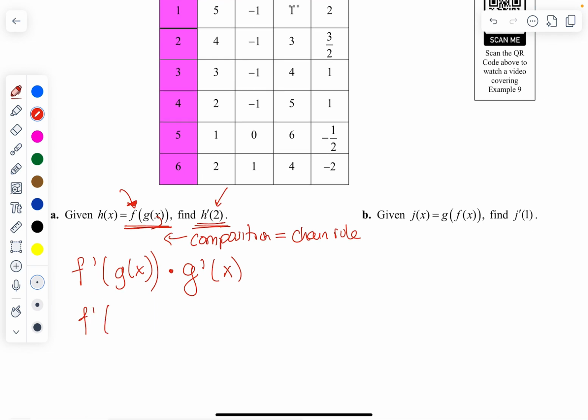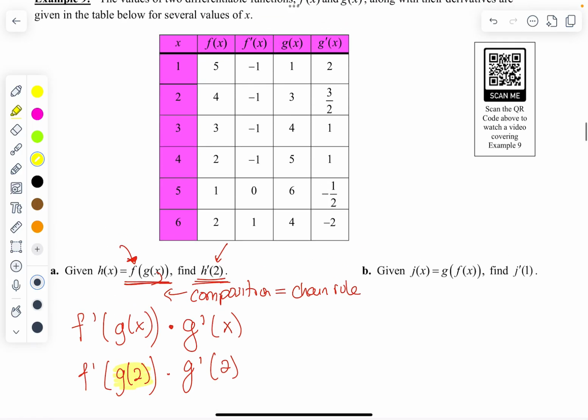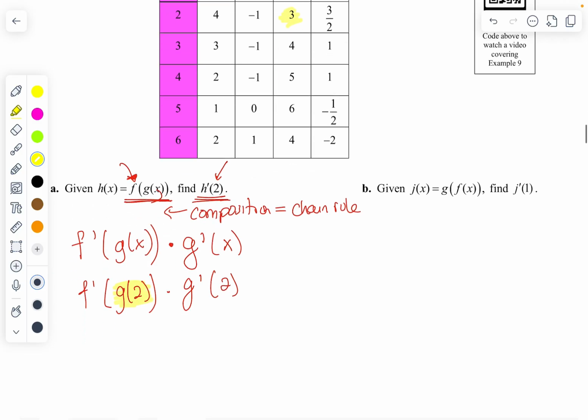So f prime of 2 times g prime of 2. And we should have all of this information from the table. So g of 2, because we need to start inside the parenthesis, g of 2 is 3. So f prime of 3 times g prime of 2.